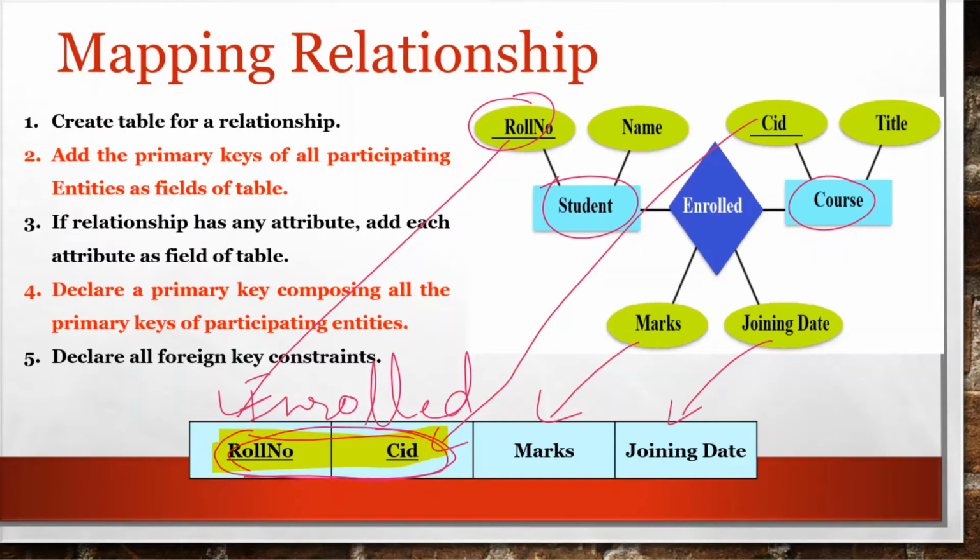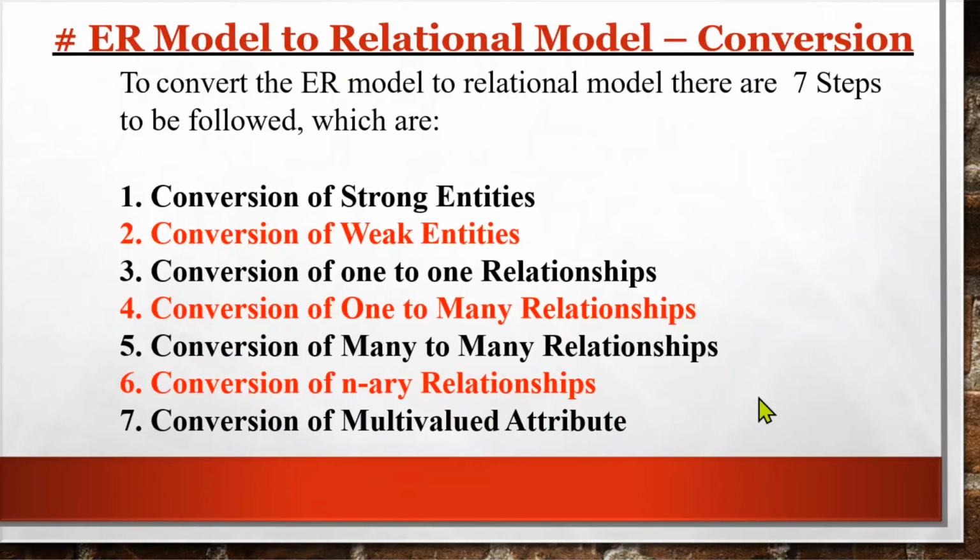But in many cases we can reduce the number of tables, or we can manage this conversion process in a better way using the mapping cardinalities and the participation constraints. So we can optimize this operation. For optimization of this conversion process, we have seven steps.